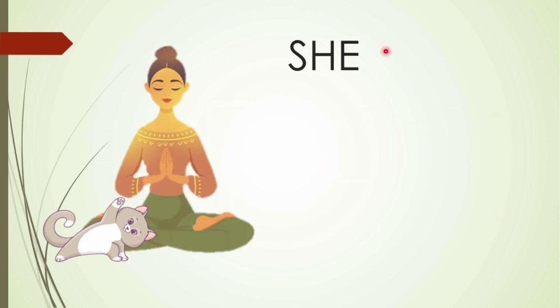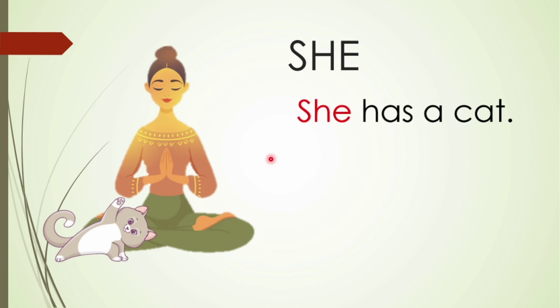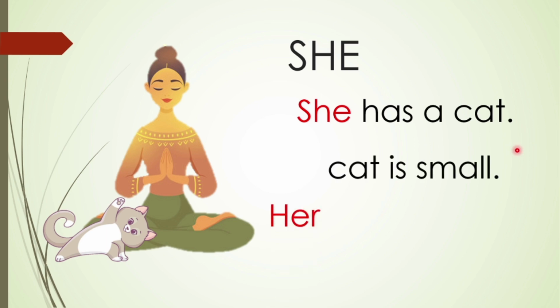She, dia. Remember, she is for a girl. She untuk perempuan, dia. She has a cat. Dia mempunyai seekor kucing. Her cat is small. Kucing miliknya kecil. Okay, next one.